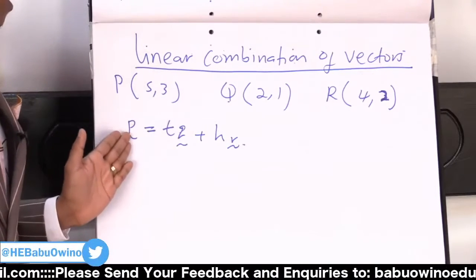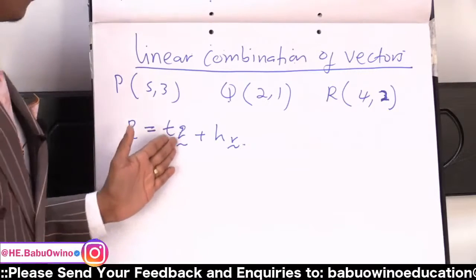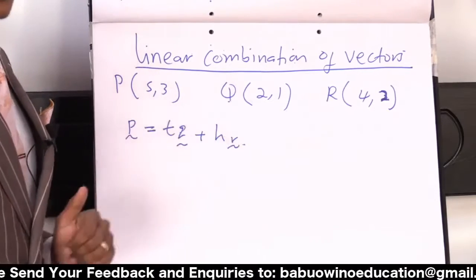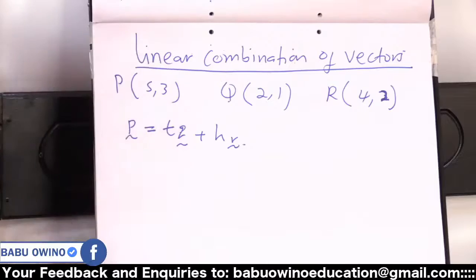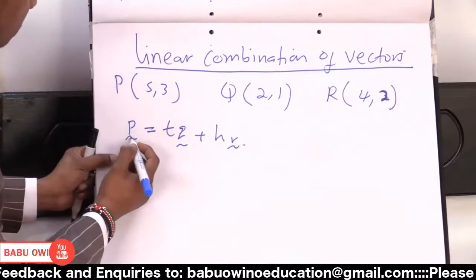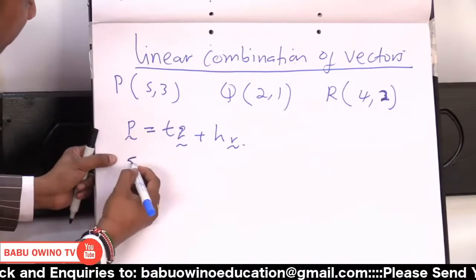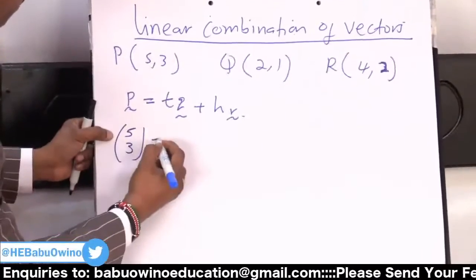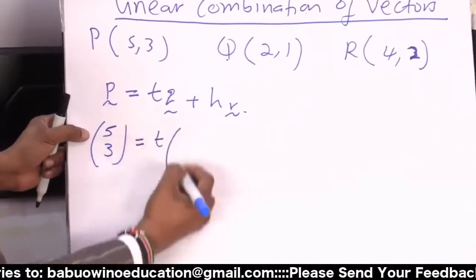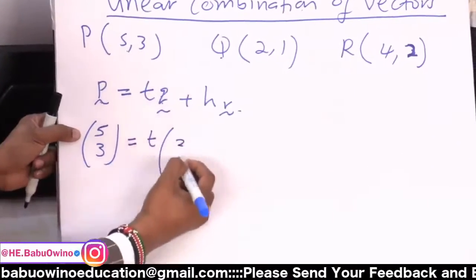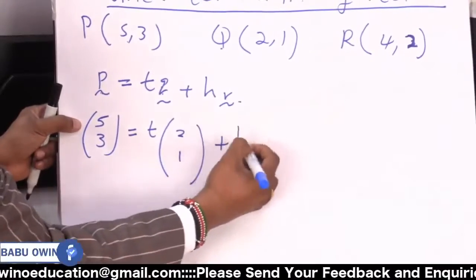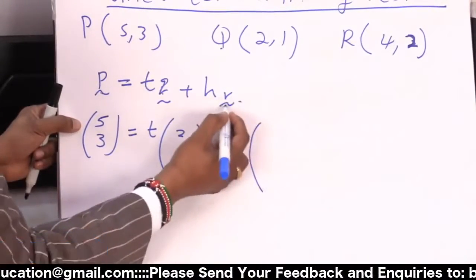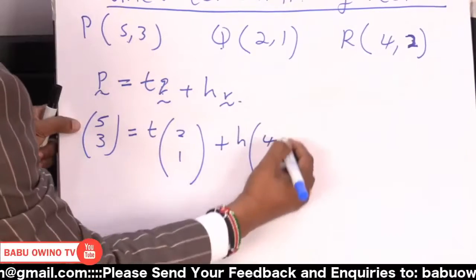So P is a linear combination of Q and R. But you don't leave it at this point, you solve it. So you write vector P in column vector form as 5, 3, equals T times Q which is 2, 1, plus H times R which is 4, 2.